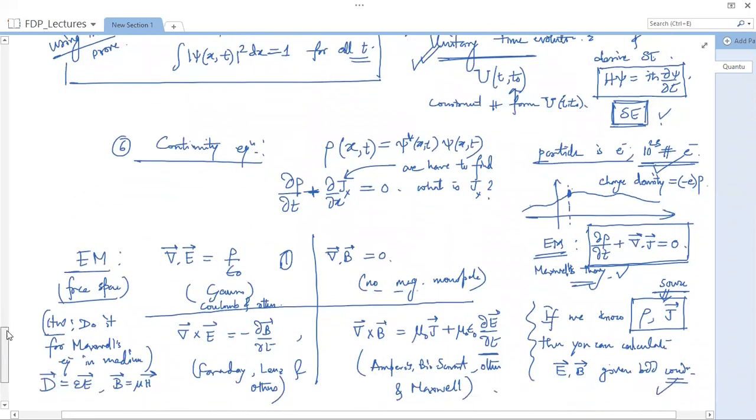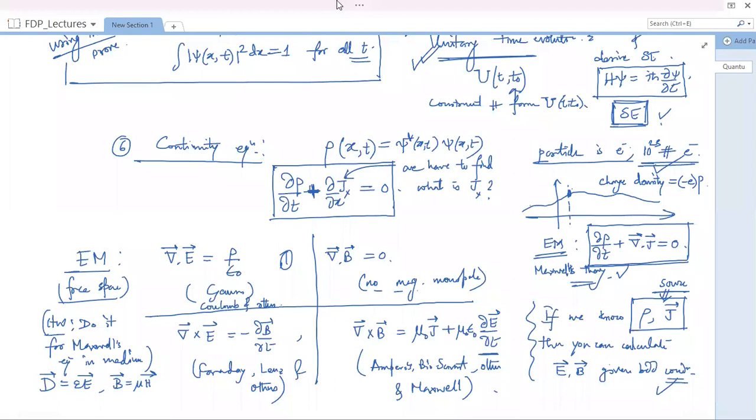Similar continuity equation should hold, because if the Schrodinger equation actually describes the electron, the properties of the electron, and we should be able to calculate the current J here.